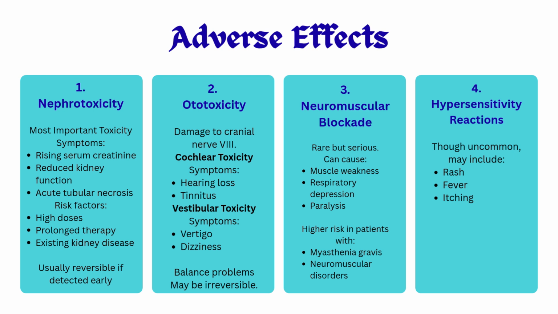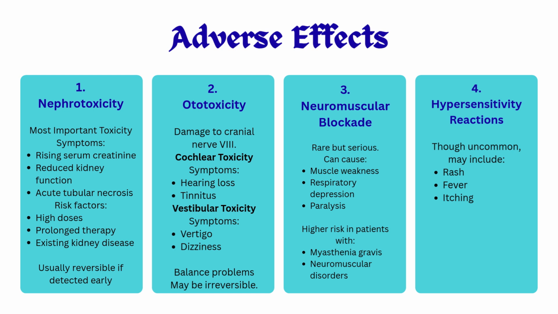These drugs can accumulate in the renal cortex and cause injury to the proximal tubular cells. Clinical manifestations include increased serum creatinine, reduced glomerular filtration rate, acute tubular necrosis. The risk increases with high doses, prolonged therapy, pre-existing renal disease. Fortunately, nephrotoxicity is usually reversible if detected early.